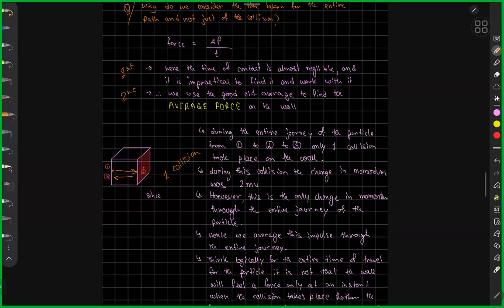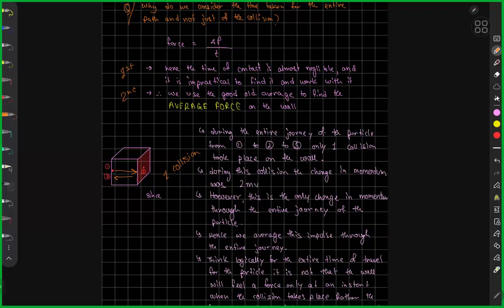So in essence, the force on the wall, or that change in momentum on the wall, that impulse on the wall, is averaged out for the entire journey of the particle. That is how we find the force on the wall. Do we understand why we're averaging it out? Because it is not realistically, physically possible that only for one instantaneous point there's a spike in force, and for the rest of the journey it's zero force on the wall.